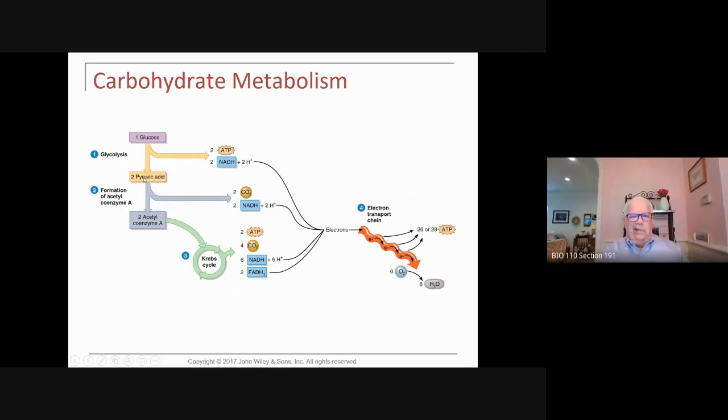Pyruvic acid combines with coenzyme A to form acetyl-CoA to get you into the Krebs cycle. And we'll talk about the Krebs cycle. The Krebs cycle is the major producer of ATP, and we'll talk much more about it.